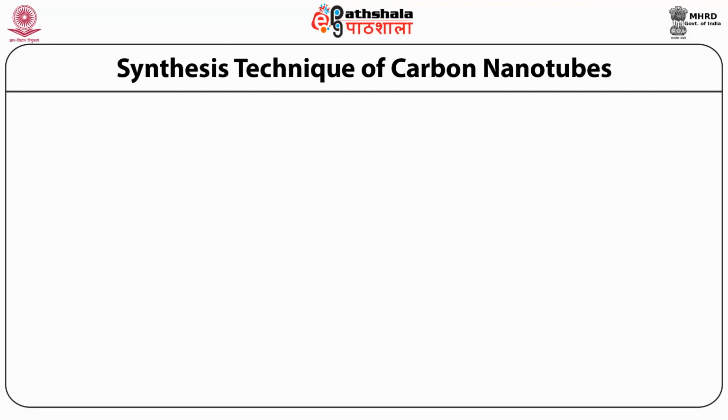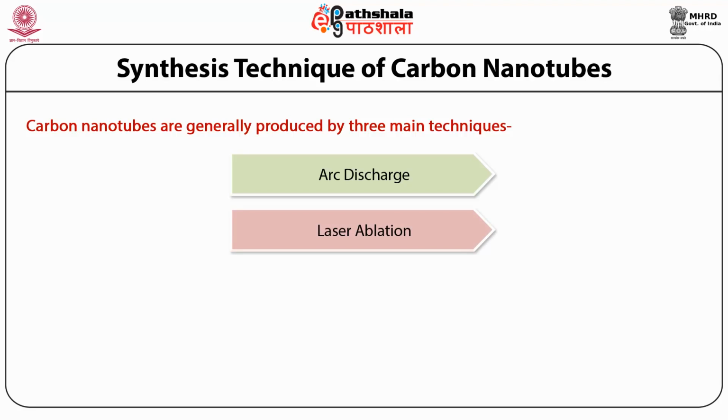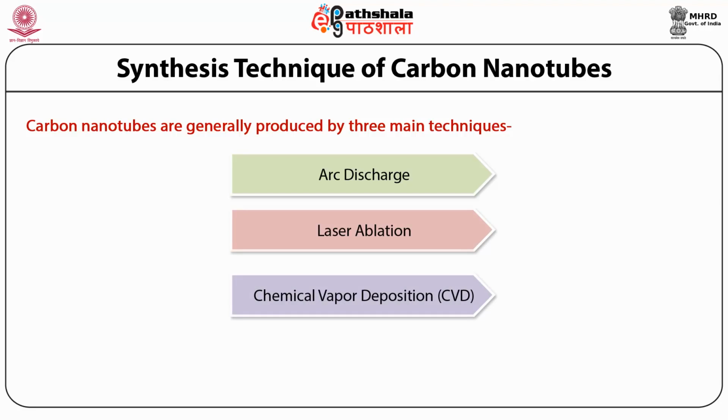As you know, carbon nanotubes do not exist in nature. Therefore, we have to synthesize these materials in the laboratory. The main techniques which produce carbon nanotubes are: the first one is the arc discharge technique, the second is the laser ablation technique, and the third one is CVD, whose full form is chemical vapor deposition technique.